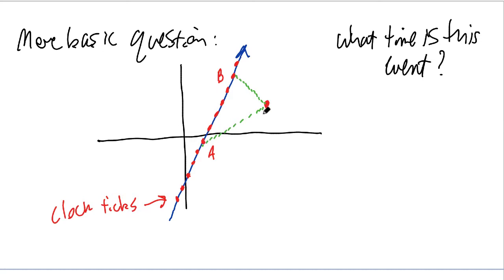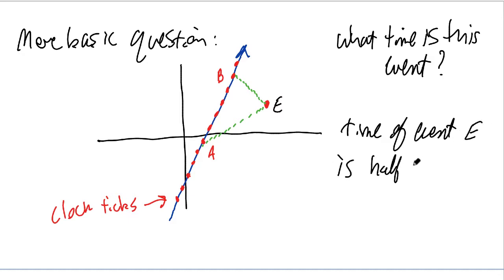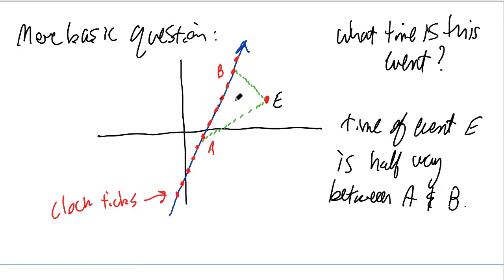Therefore, the time of this event is exactly halfway between A and B. Let's call this event E. The time of event E is halfway between A and B. So it looks like on this diagram that this event is simultaneous with the event about halfway between these two ticks.